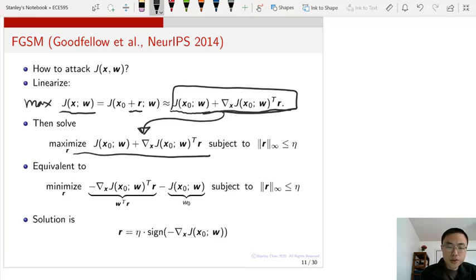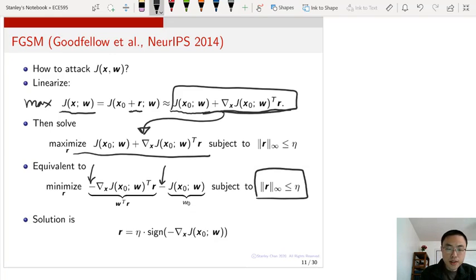So now we can also replace the maximization by a minimization by introducing a negative sign. And so the max becomes min, and then this will still stay as the L infinity norm less than or equal to eta.